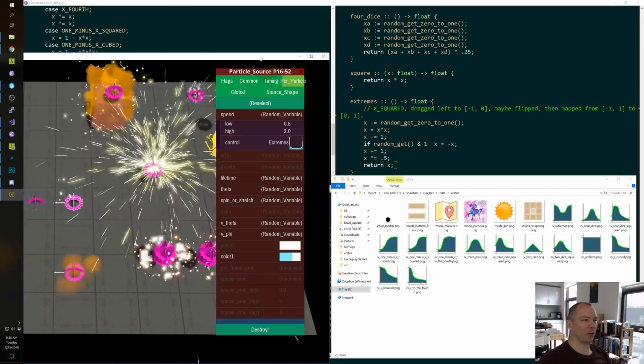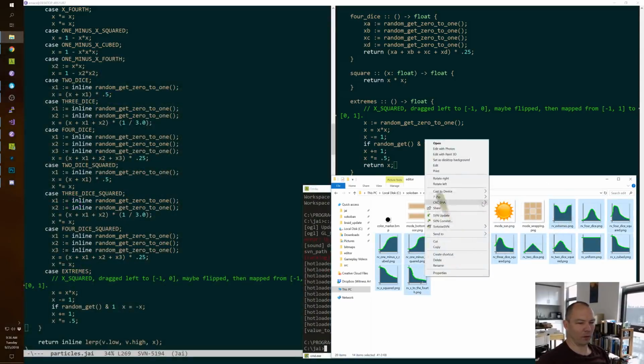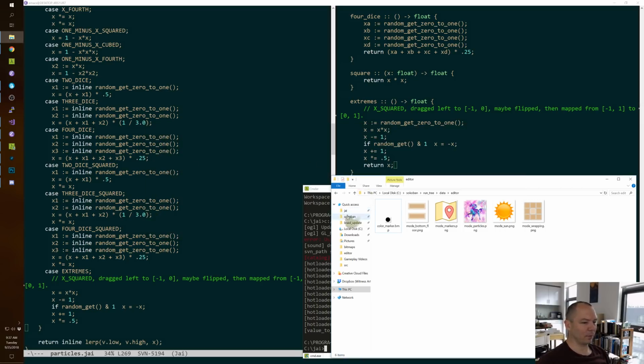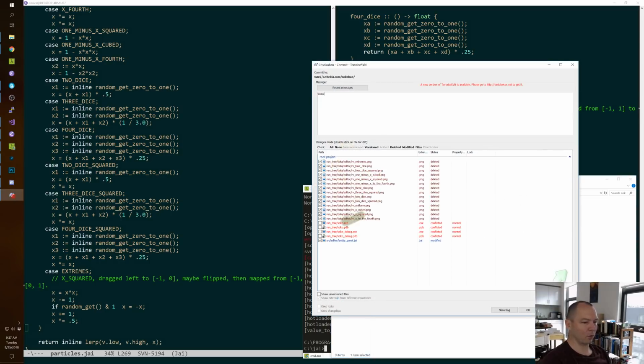It's science. So now we delete all this stuff that we painstakingly made. Anyone who saw the stream last night knows how annoying it was to make all those bitmaps. And we say graph distributions in a more accurate way.